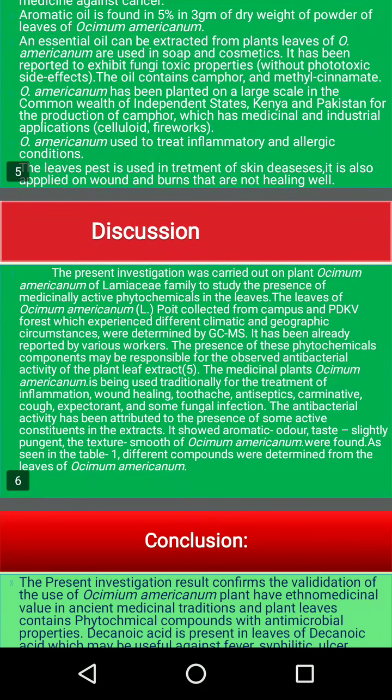Then discussion of this topic. The present investigation was carried out on a plant belonging to family Lamiaceae, and it has medicinally active phytochemicals in the leaves. It is very important in medicinal and ethnomedicinal terms. The phytochemical compounds may be responsible for the observed antibacterial activity of the plant leaf extract.